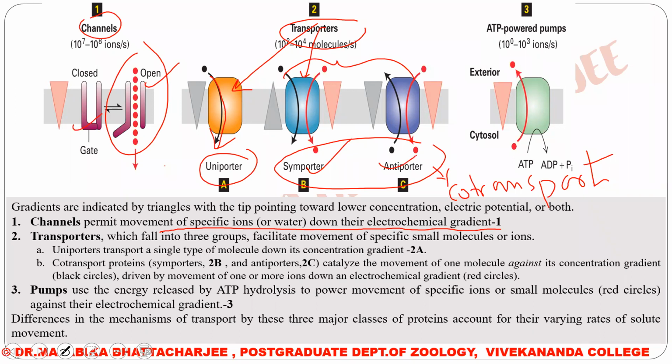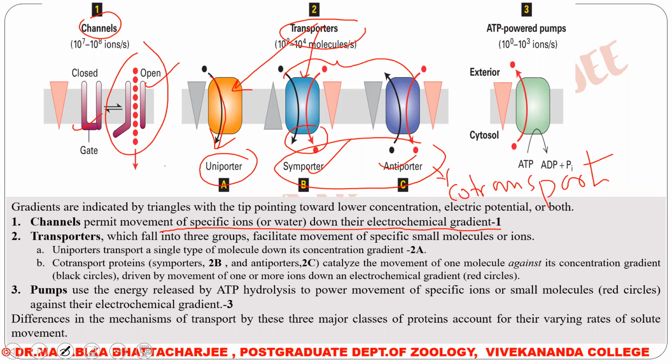Sym, that means you can see the red and the black arrow, both of them traveling in the same direction. Both the red and the black molecules are moving from outside to inside. So that is symport.